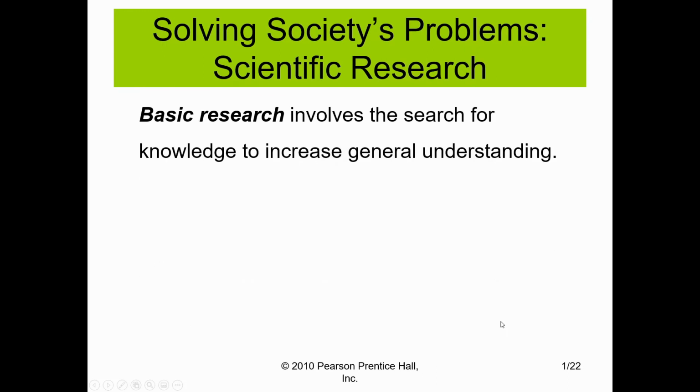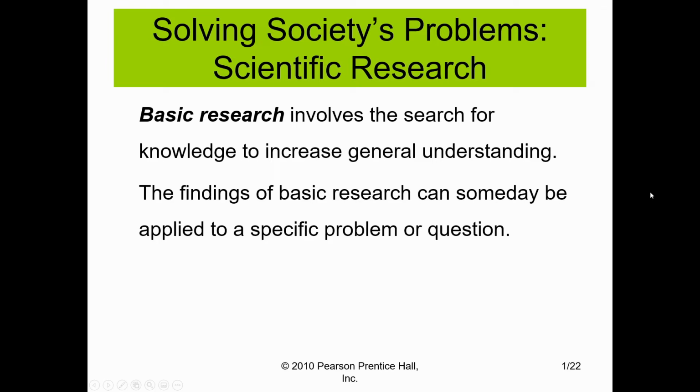The other sector of research is called basic research. In basic research, there's a search for knowledge to increase general understanding. Many times, the findings from basic research are then taken later on and applied to solve a specific problem or question.